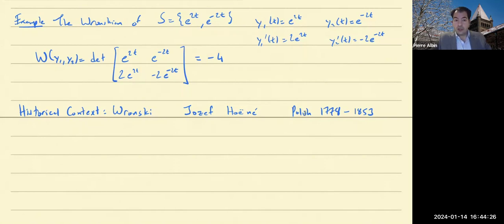It's after Muir that we call it the Wronskian. So there you go. Wronski ended up dying in Paris in poverty and not highly regarded. But now he lives on in our differential equations classes through the Wronskian. We'll stop there and pick it up next time.